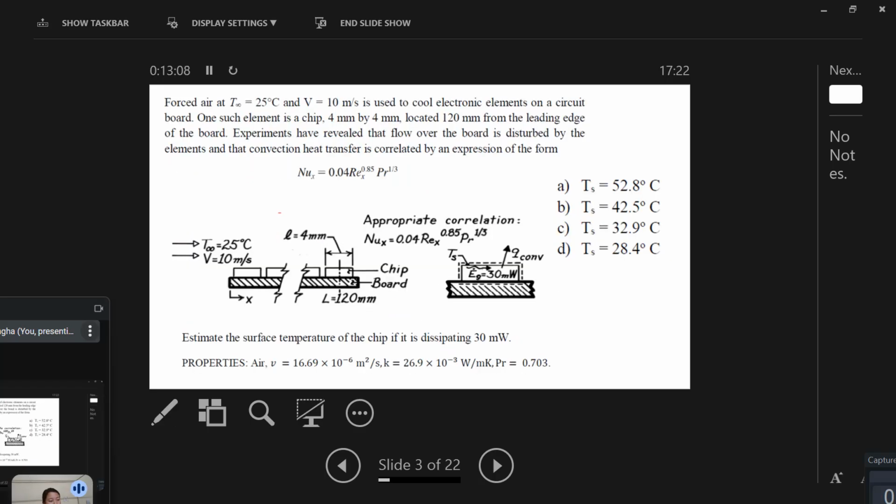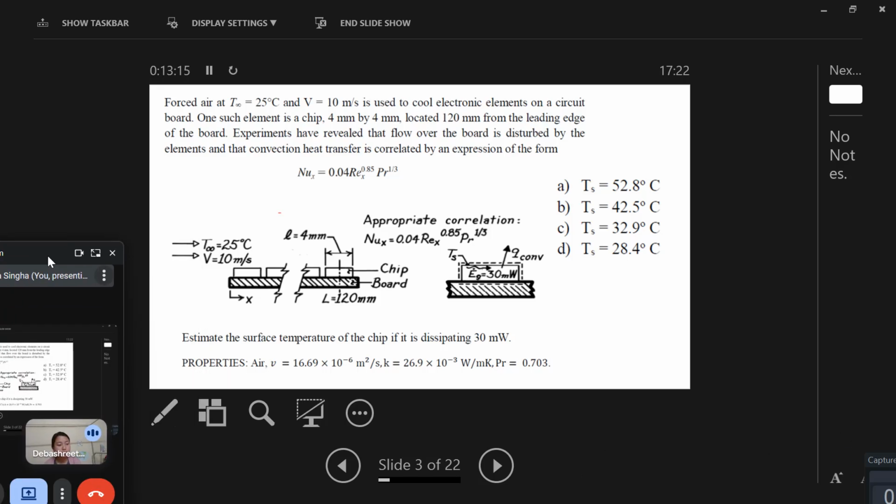Okay, so we can move on to the questions and will eventually solve with the help of these formulas.